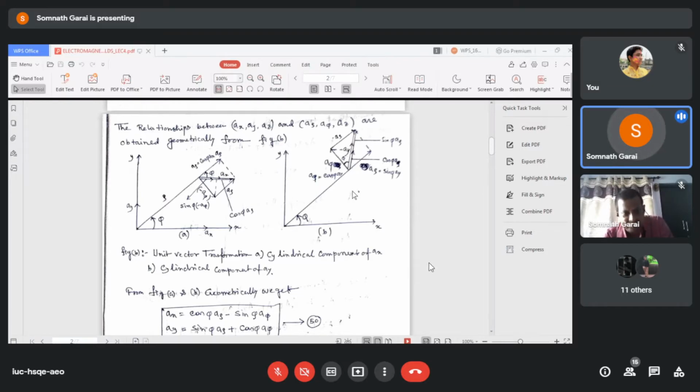Now the direction of the y vector, that means ay, is in the upper direction, in this direction.